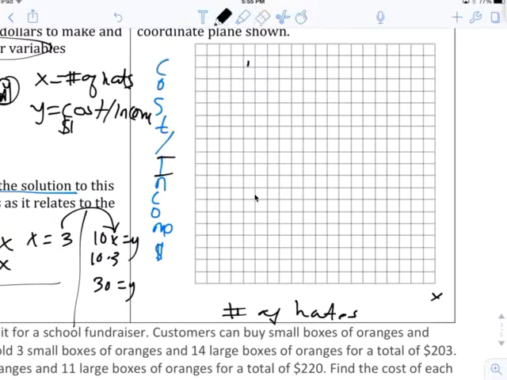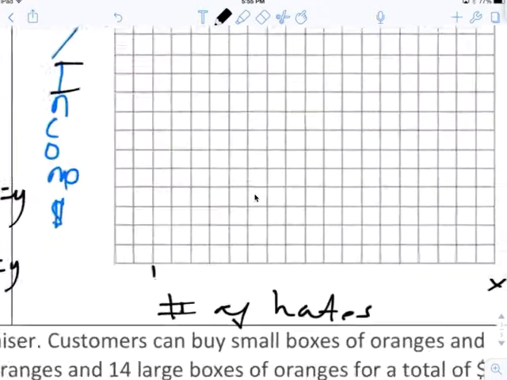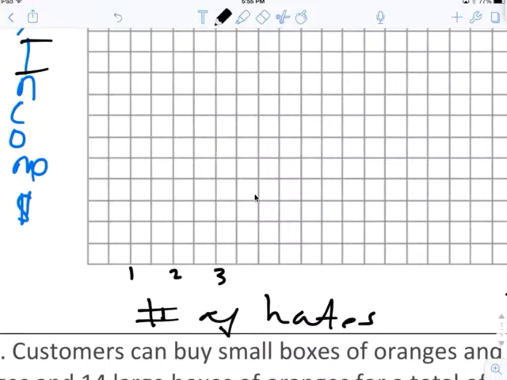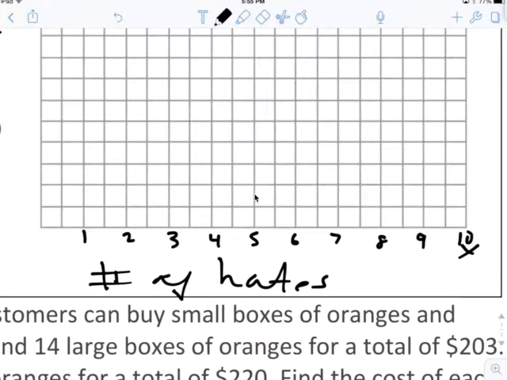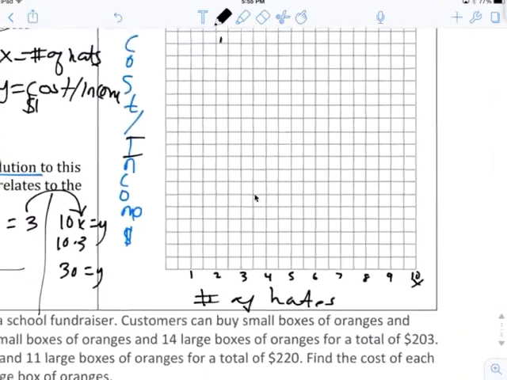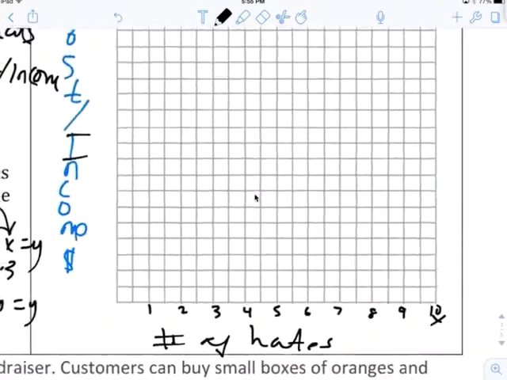So let's do, because it's (3, 30), you do 1, 2, 3, 4, 5, 6, 7, 8. This was your quiz question, 9, 10, 30. This is going by 30. Can we do by 2's?